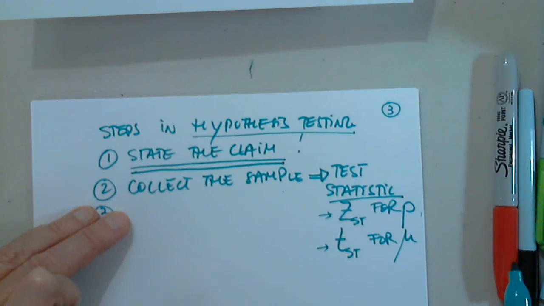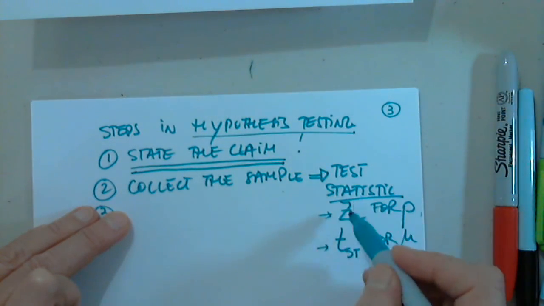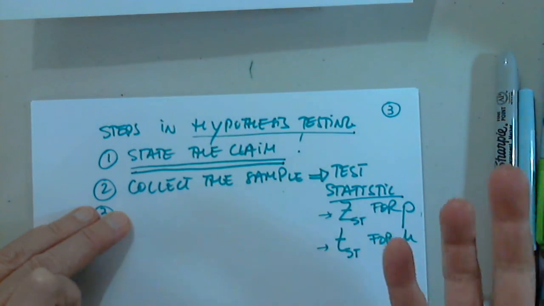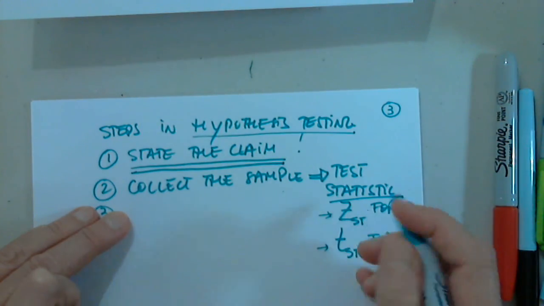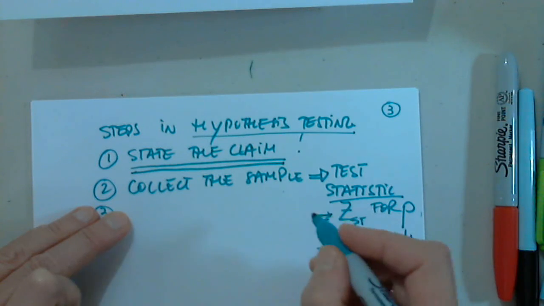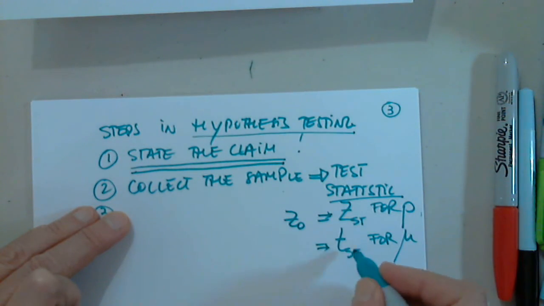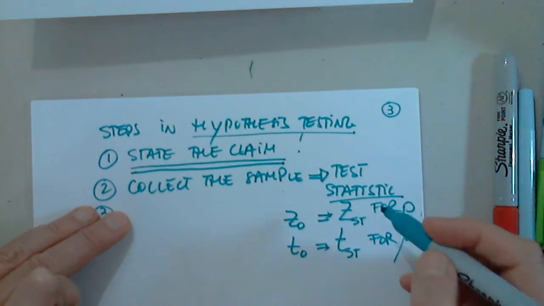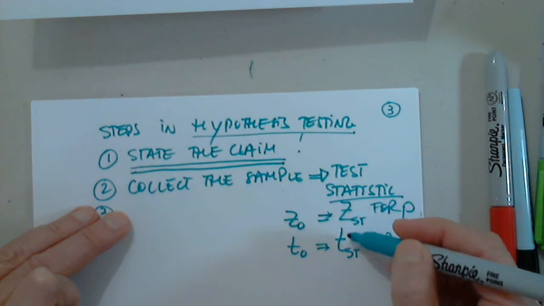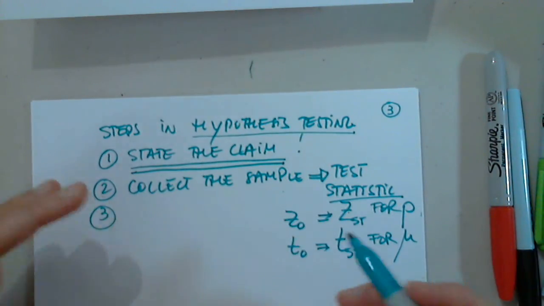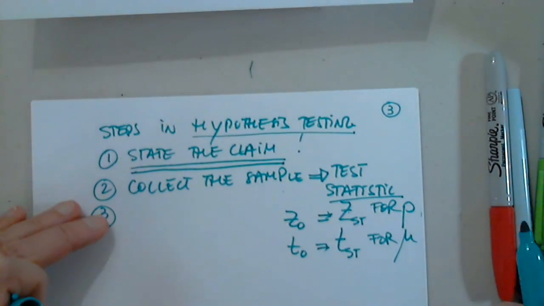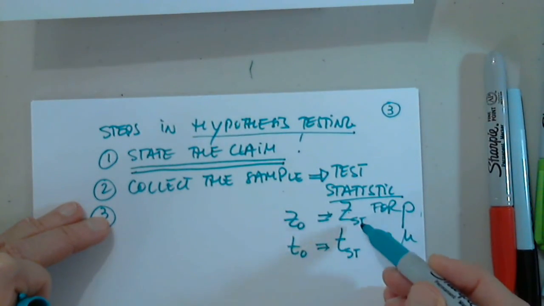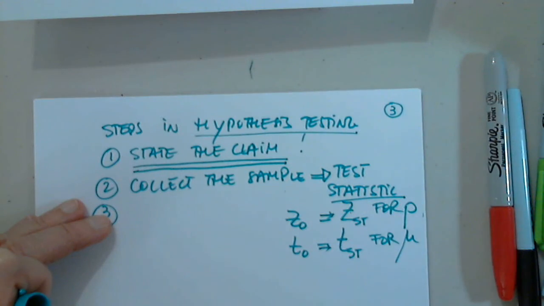If it is about a proportion, I will determine the test statistic Z statistic. This is listed as Z0. If you don't like this notation, you can call it Z0, and T0 for the T statistic, as they use it. But I think the z statistic coming from the sample and the t statistic coming from the sample is a better notation.